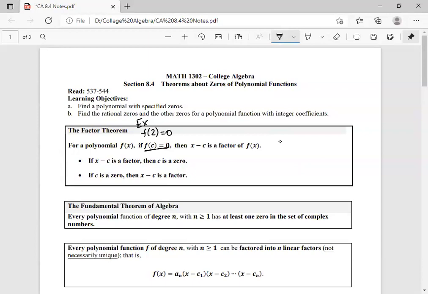We've been talking about in the rest of chapter 8 what that means. What does that mean about the number 2? You can plug in 2 into the equation and you get 0. It means it's a 0. It means it's an x-intercept, right? So hopefully you can remember that if you plug in 2 and you get an answer of 0, then that means 2 is a 0.